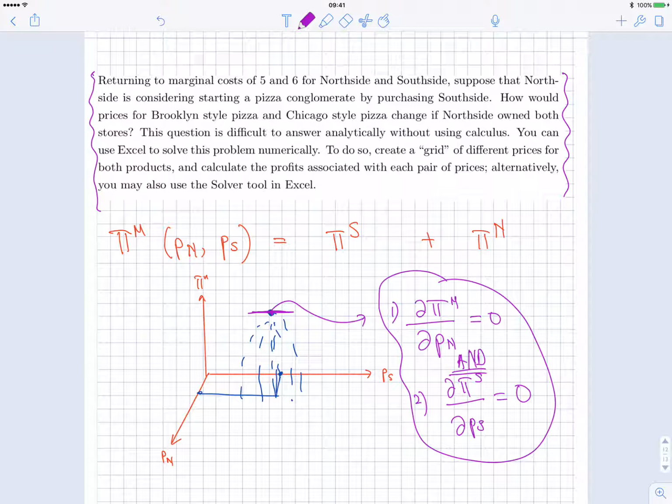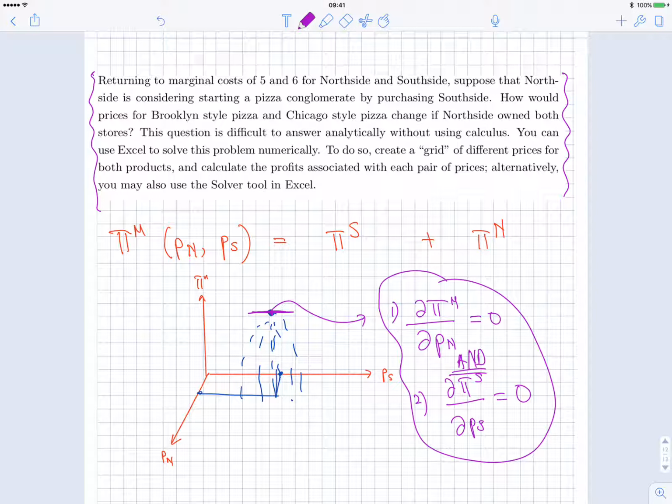In other words, the North side will completely ignore this extra benefit that happens to the South side every time they raise prices. Conversely, when they lower prices, what happens to the North side? They get hurt. They will also ignore that because they don't care about the profit of the competitor. They only care about their own profits. Okay?